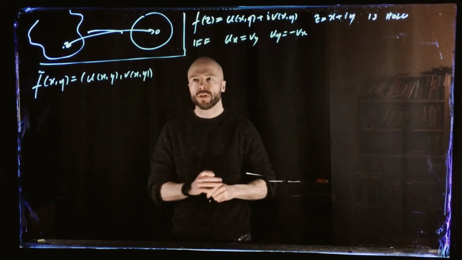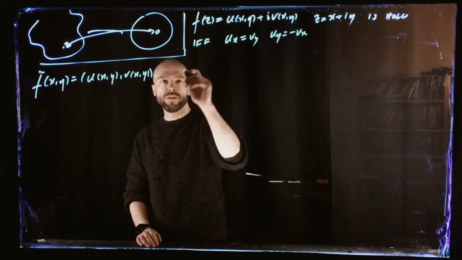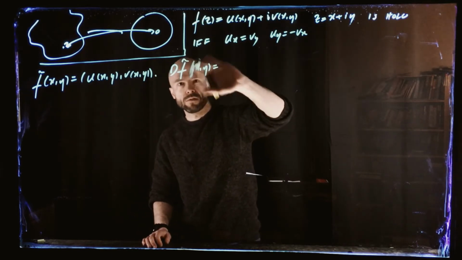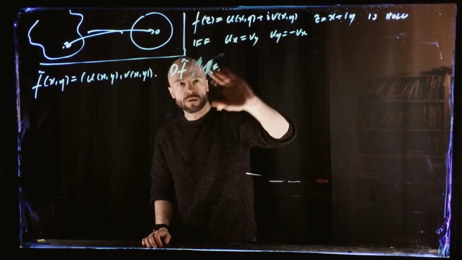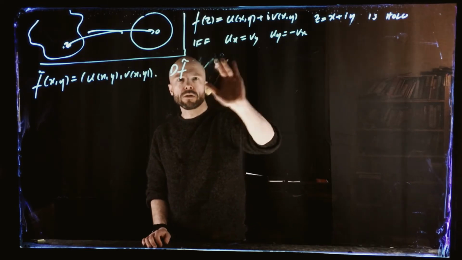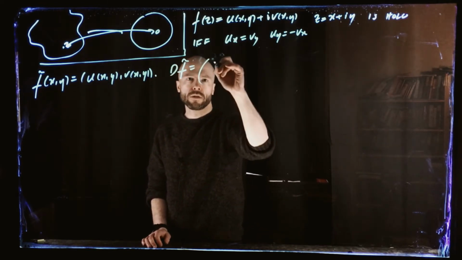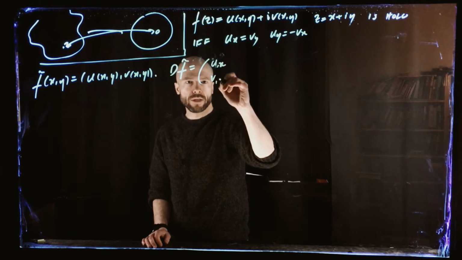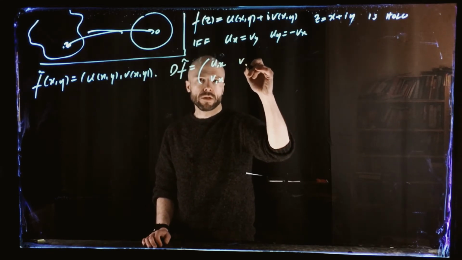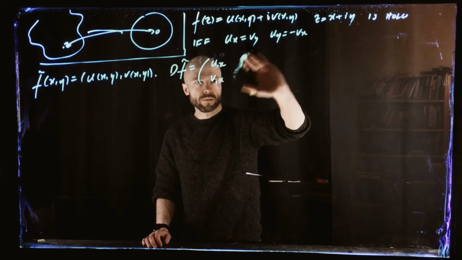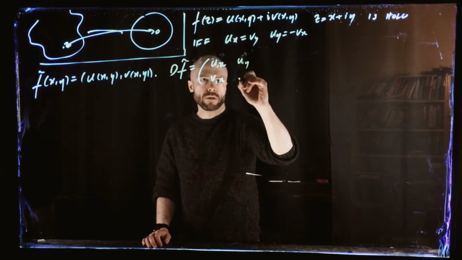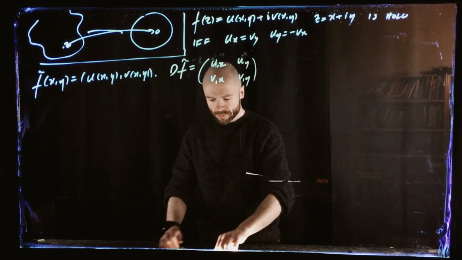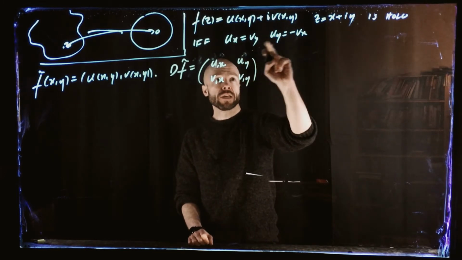Then, if we take the derivative, it's a 2 by 2 matrix, so let's take the derivative. It's the first coordinate, take the first partial. Second coordinate, take the second partial. But the Cauchy-Riemann equations say that this entry is equal to this one and this one is equal to this one.